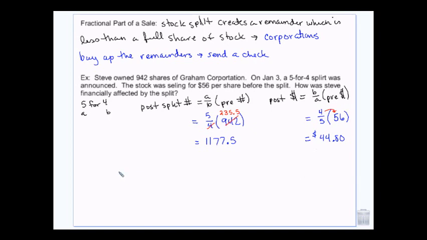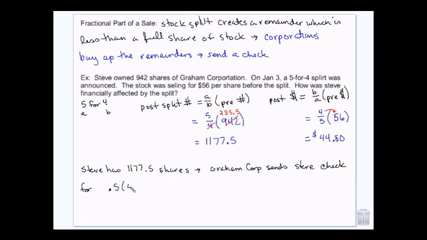Okay, so here's what happens. Steve has 1,177.5 shares. Graham Corp sends Steve a check for 0.5 times 44.80.